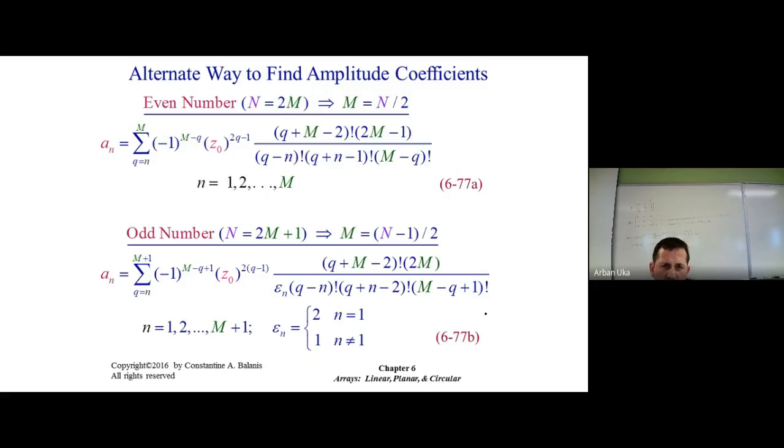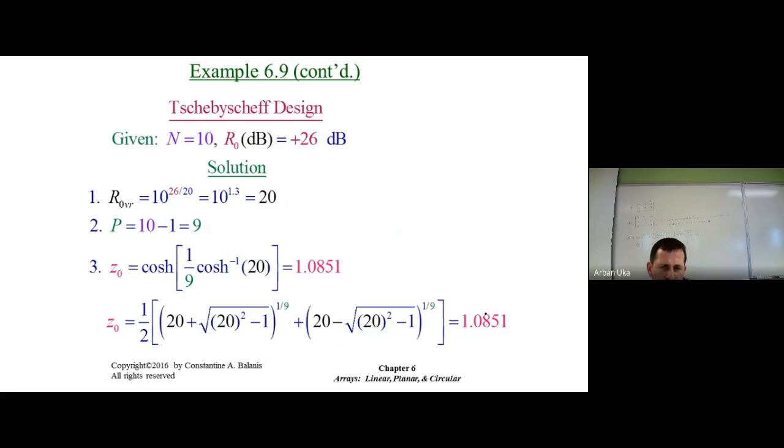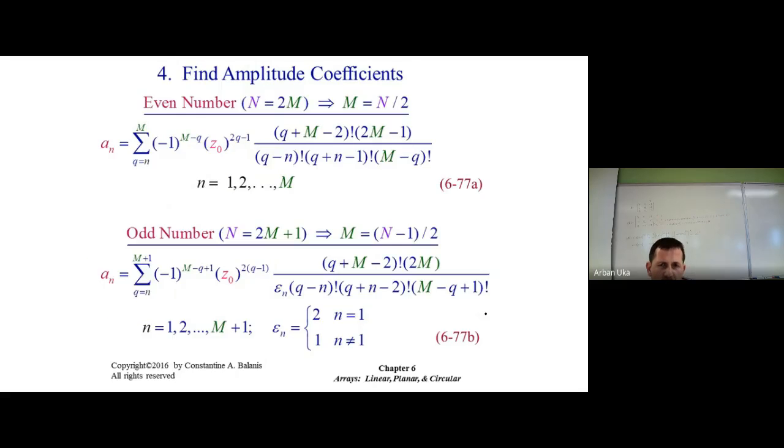Now, we have another way to find the amplitude coefficients. We are given the equations. We just need to substitute the expressions right away, simply without getting too confused. And actually, this was example 6.9. We solved this one, but this is just a kind of repetition.